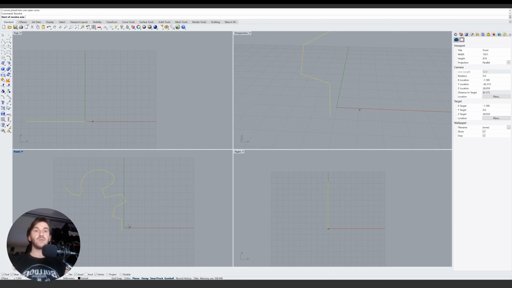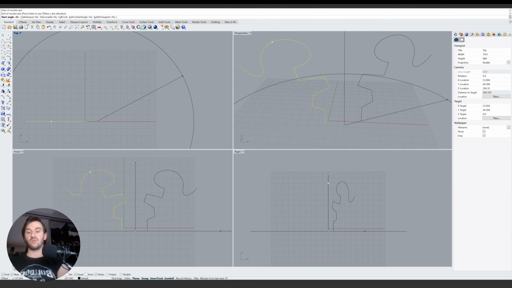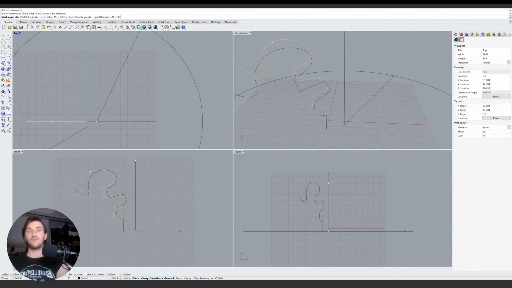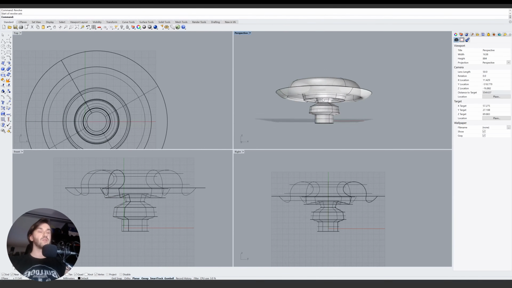Revolving says we have this shape, this will be the axis of the rotation, and then we can say it needs to rotate for maybe 300 degrees. Okay, by accident I did a 360, but you can see how it looks.